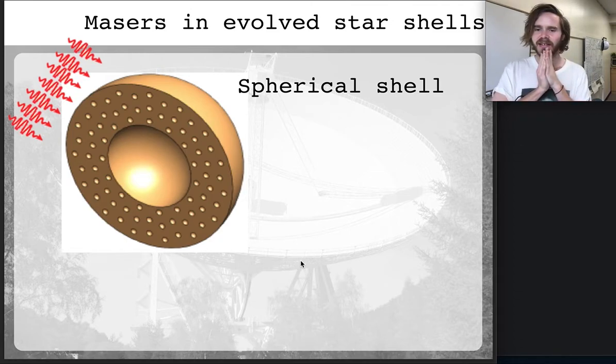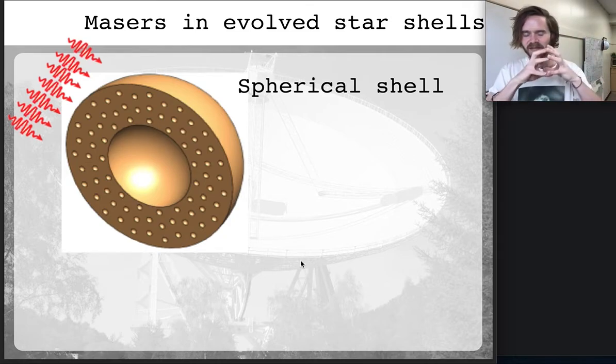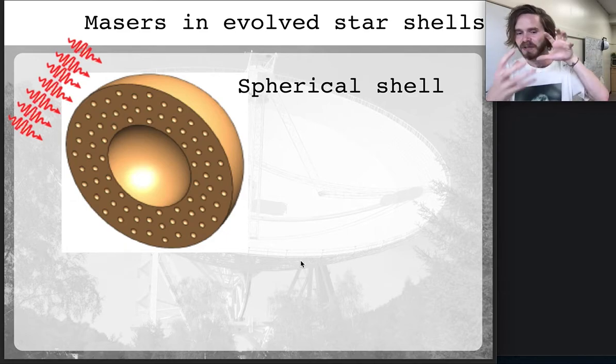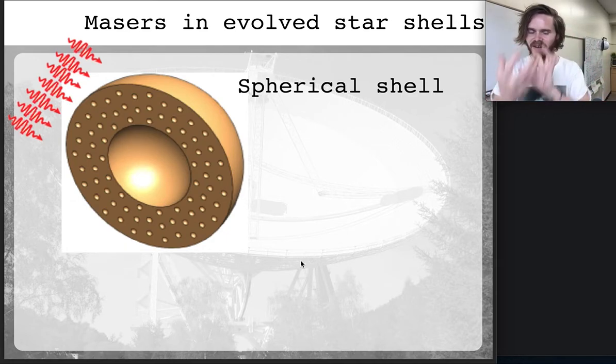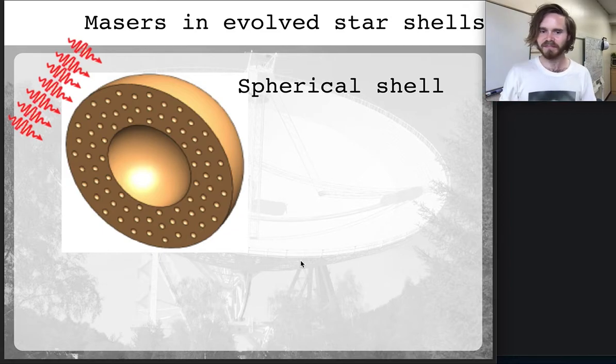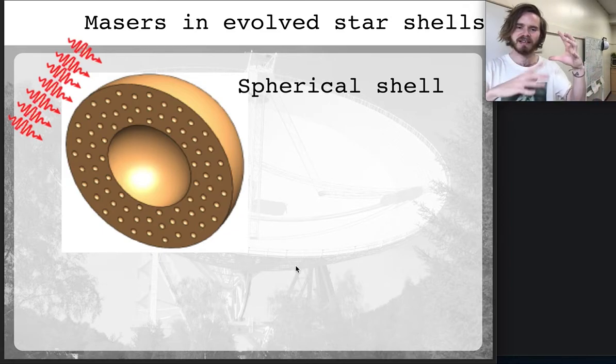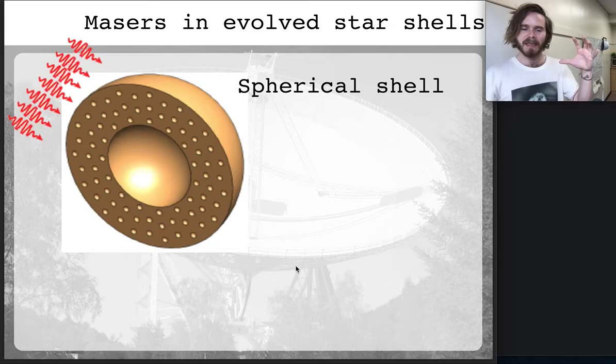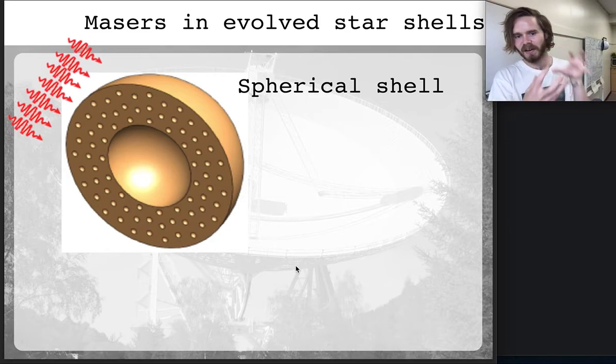I want you to imagine the case of masers in an evolved star shell. As I talked about, stars as they're dying produce these mass loss ejections, and they produce spherical layers around the star. Let's say we take this thing and cut it, and this is what's shown in the slides now. You have this spherical shell.